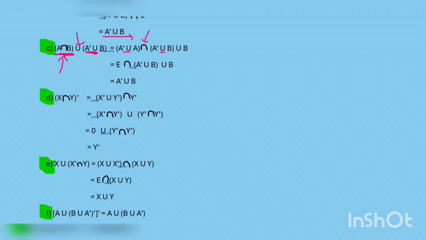B intersection B is B, B union B is B. And because we finished with A on this side, once we start with B, we're dealing with the union of things. So that is why we went B union B. As I said, this one's a little bit tricky. So then A union A, that's A.